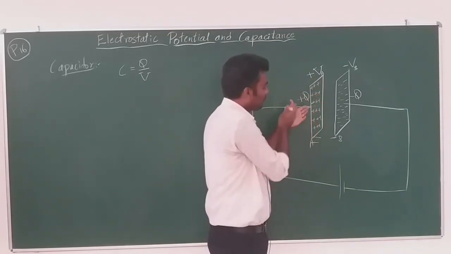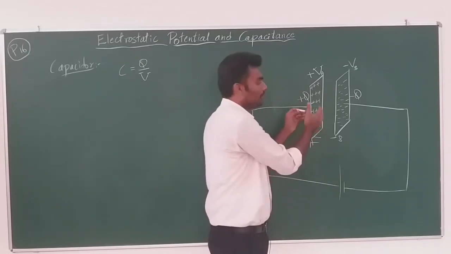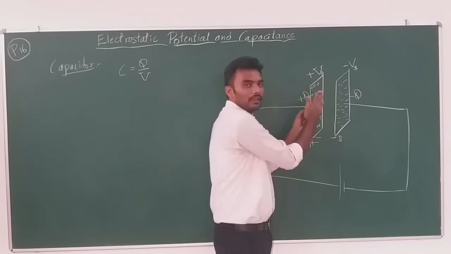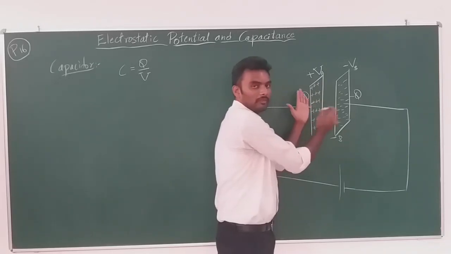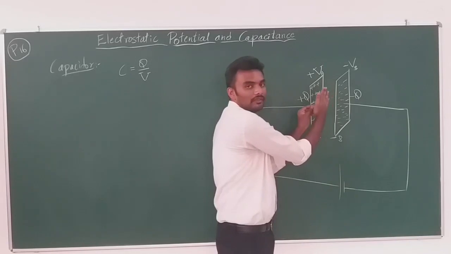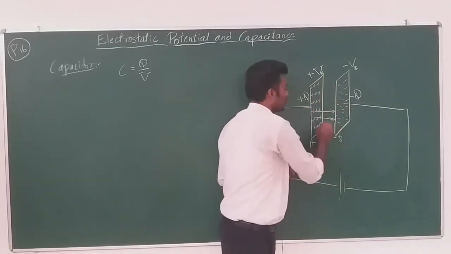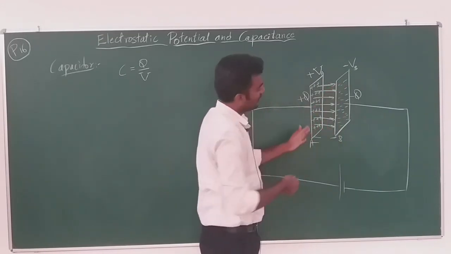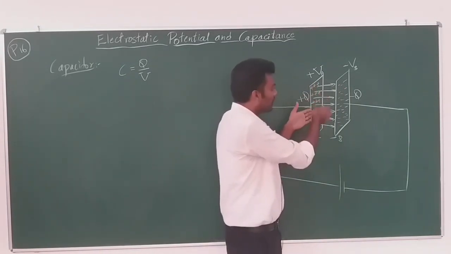Due to this positive charge, there will be electric field like this, and due to the accumulation of this negative charge, there will be electric field like this. So electric field due to plate A, EA, will be like this, and electric field due to plate B, EB, will also be in the same direction, like this. So this is how we will have electric field in the space of separation between the plates.